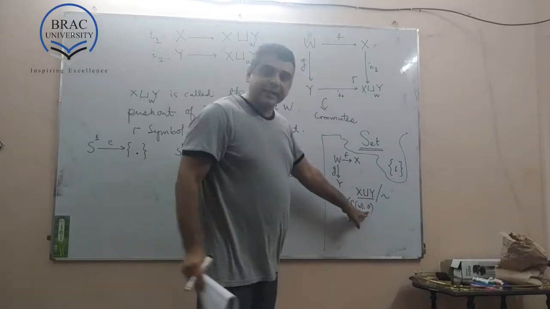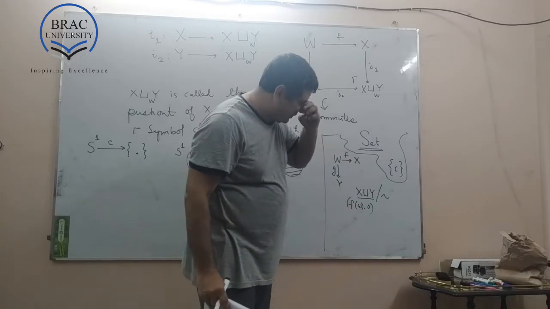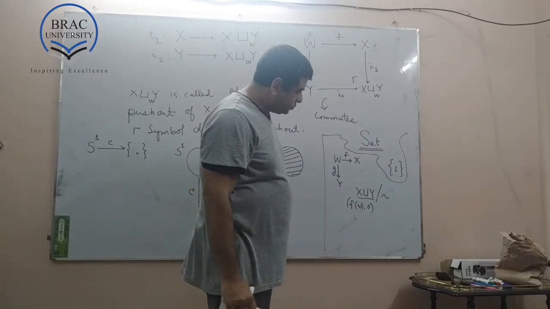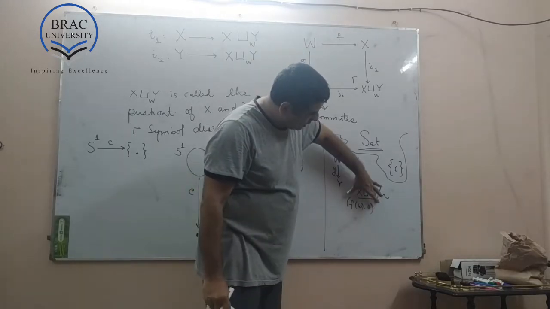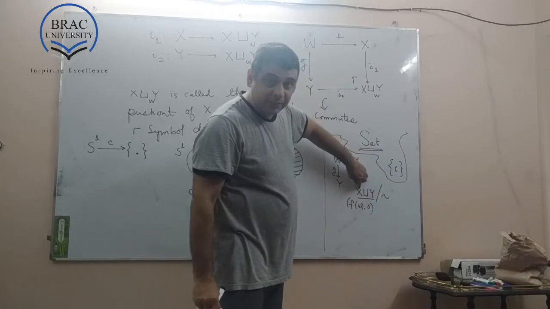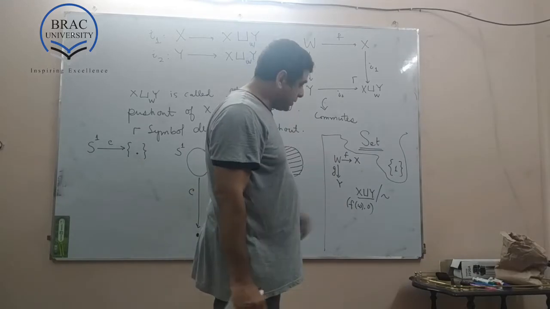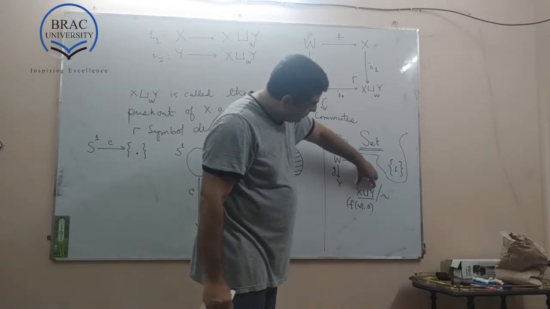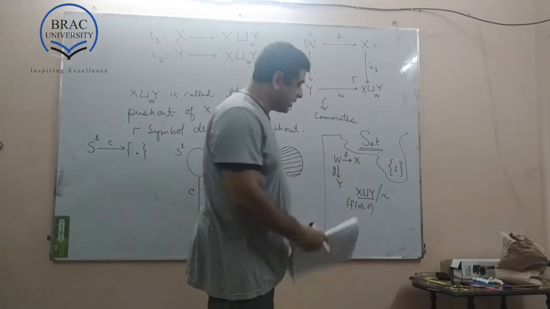This 0 index means that we are with the pairs which correspond to the first constituent of this disjoint union, which is of course a set.